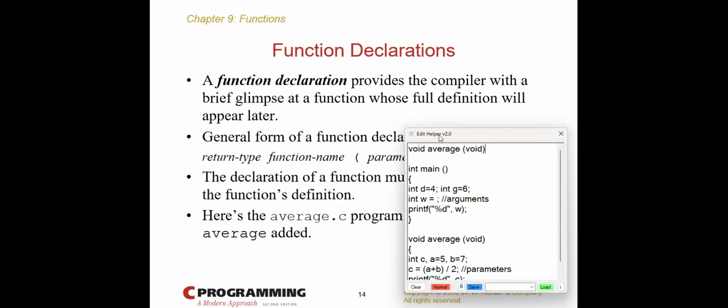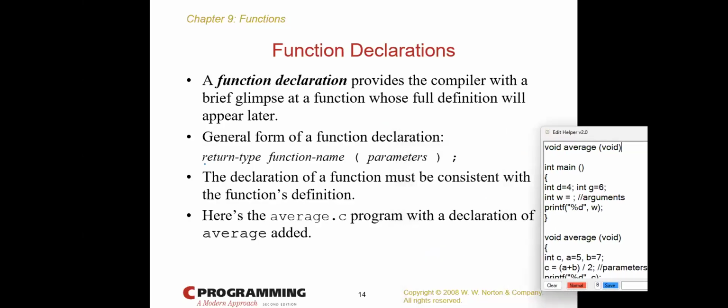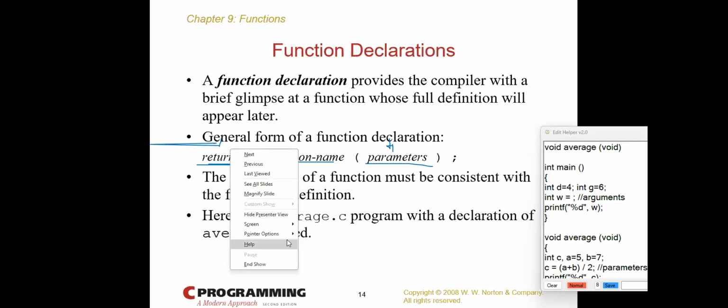And this is the general form of a function declaration: the return type, which is void, the name of the function, which is average, and the list of parameters that are available for the function to execute. And if the function doesn't have a parameter, we replace this with void, also in the declaration. If the return type isn't existent, because it won't return anything, we replace this also with void.